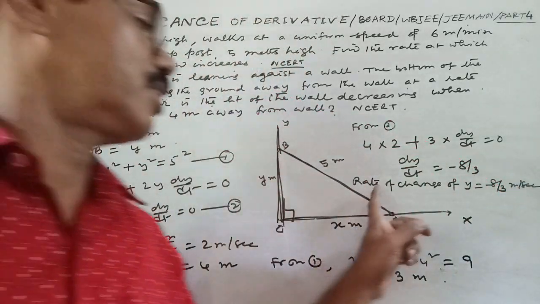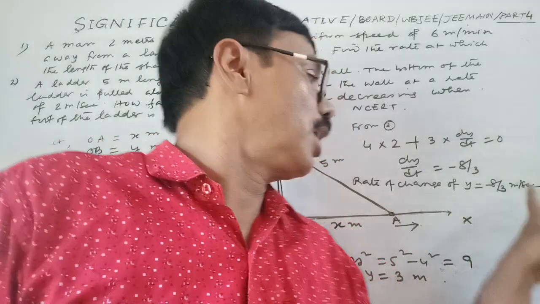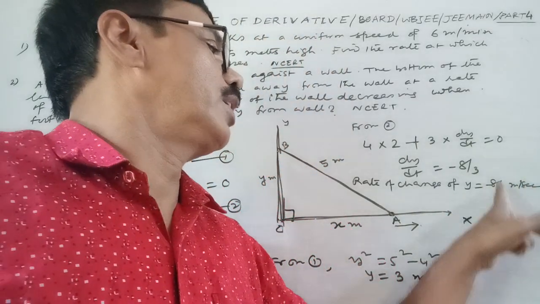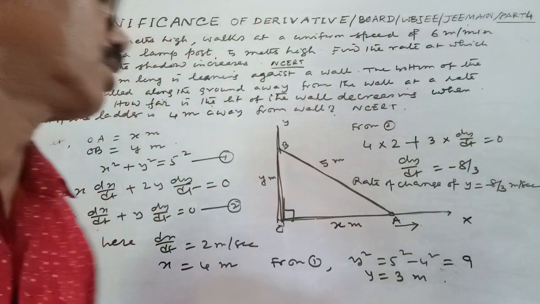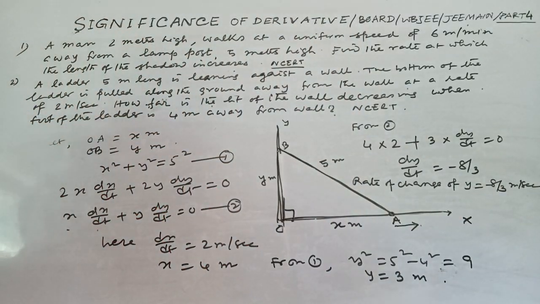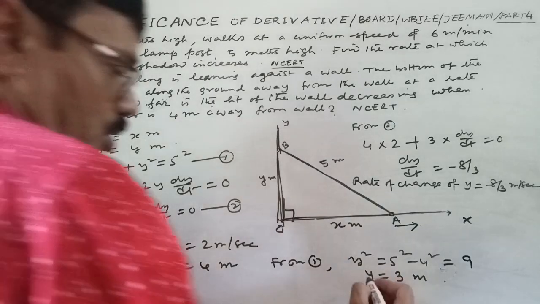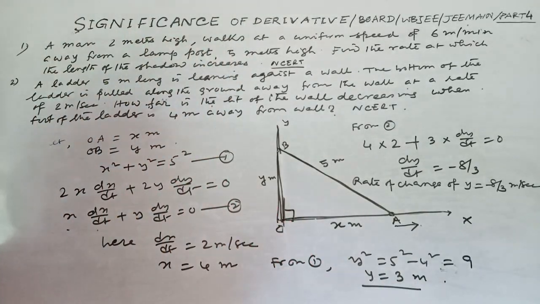And if you write it as rate of decrease of y, then no negative sign, 8 by 3. Rate of decrease means minus dy/dt. So this is the answer.